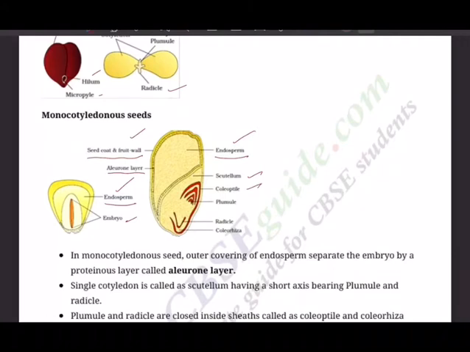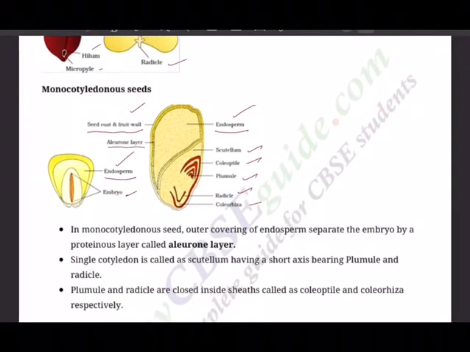So coleoptile, plumule, radicle, and coleorhiza. In monocotyledonous seed, the outer covering of endosperm separates the embryo by a proteinaceous layer called aleurone layer. That is what the meaning is. It's a proteinaceous layer. Single cotyledon is called scutellum.